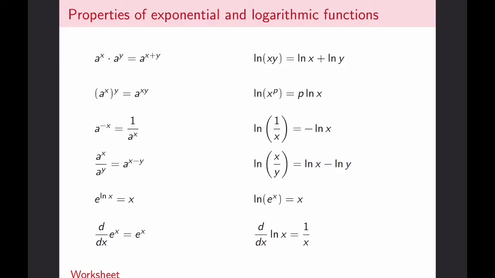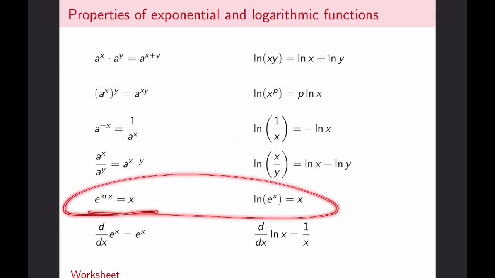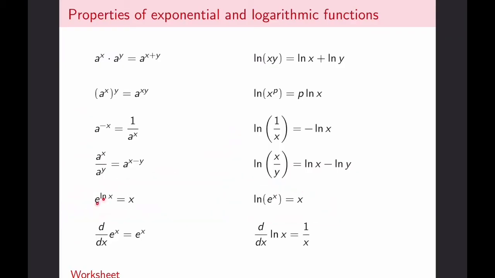These are very familiar exponential properties, these are very familiar logarithmic properties, and they include so-called cancellation properties, which really are just the properties of inverse functions. If two functions that are inverses of each other are applied one after the other, then the outcome will just be their original value. So if logarithm and exponential function are applied immediately one following the other, the outcome will just be their original input.